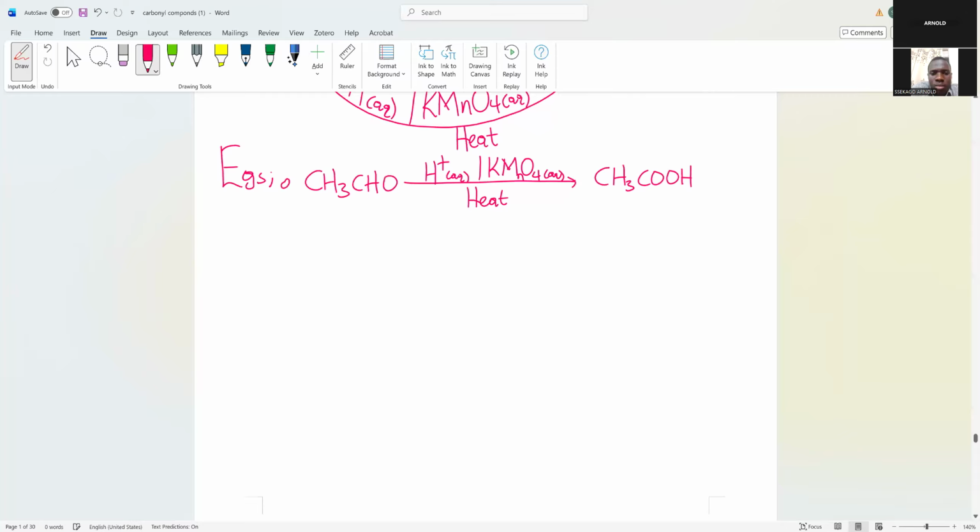If I have propanol with acidified potassium permanganate acidified with dilute sulfuric acid, heat, add oxygen, we get propanoic acid.